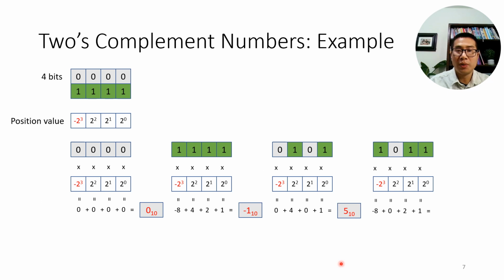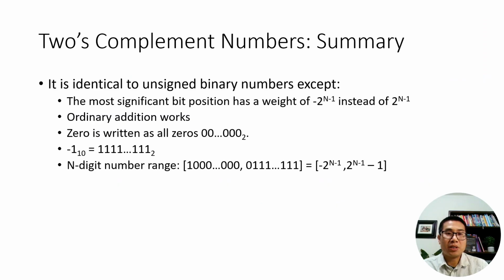And the next one will have 1 times 1 is 1, 1 times 2 is 2, 0 times 4 is 0, and 1 times -8 is -8. We add them up, and this one produces -5. Okay? So this is a summary of what we have said just now.